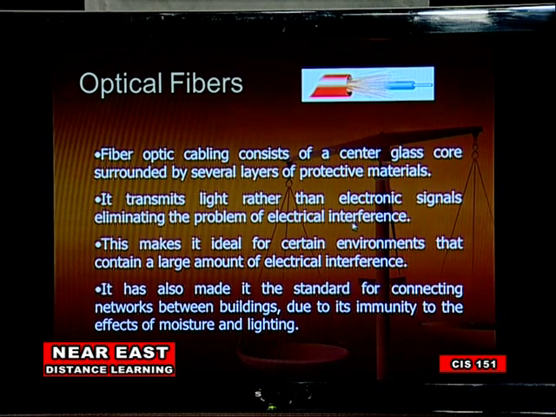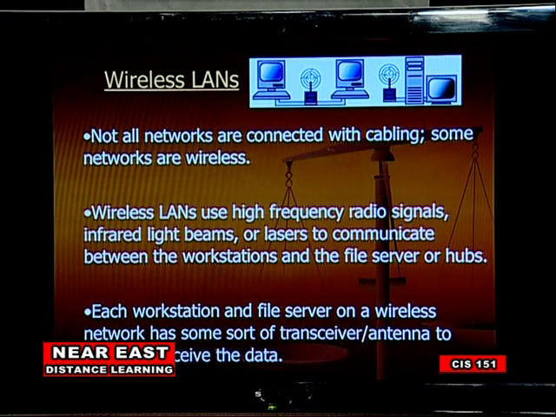This eliminates the problem of electrical interference, which makes it ideal for certain environments that have a large amount of electrical interference. And lastly, it has also made it the standard for connecting networks between buildings due to its immunity to the effects of moisture and lighting. Now we will come to wireless LAN.